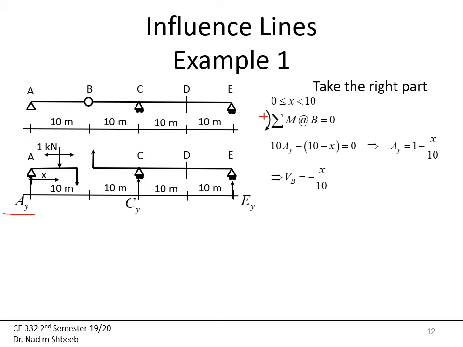If I take the moment about B equal to 0, then I'm going to have 10 AY minus this load, which is going to be 10 minus x. So if this is x, 10 minus x, then AY is going to be 1 minus x over 10. If I do a summation of Fy equal to 0, then VB is going to be equal to minus x over 10.